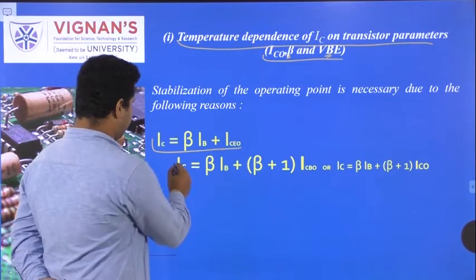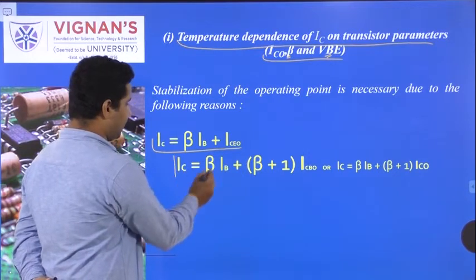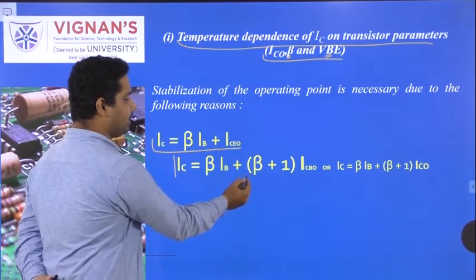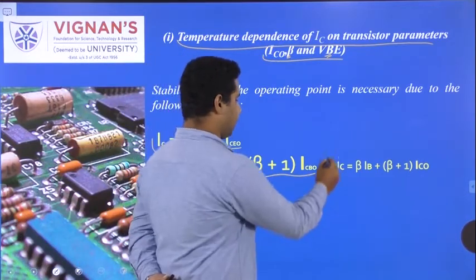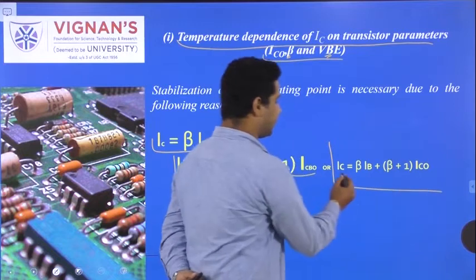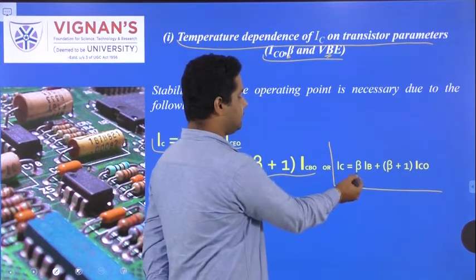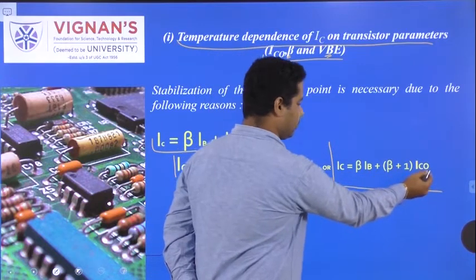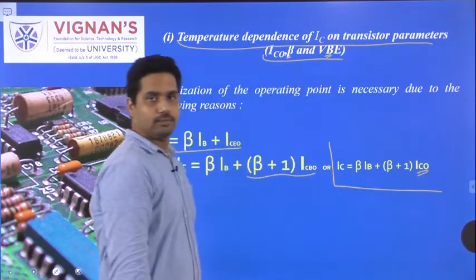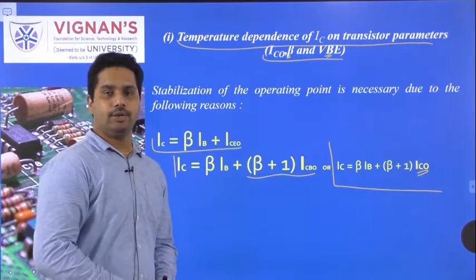And here I can have another same expression. Here this IC naught is replaced with beta plus 1 times ICBO, or directly we can have this one. That means the total collector current IC is equal to beta times IB plus beta plus 1 times the leakage current. Okay. So all this you have seen in your third unit.